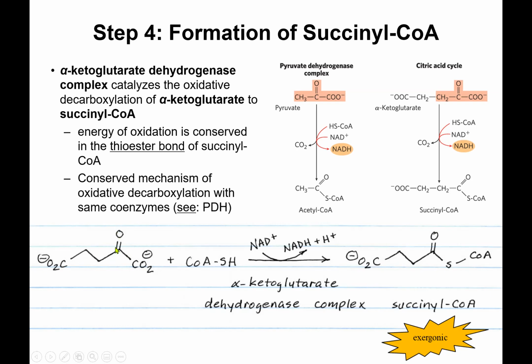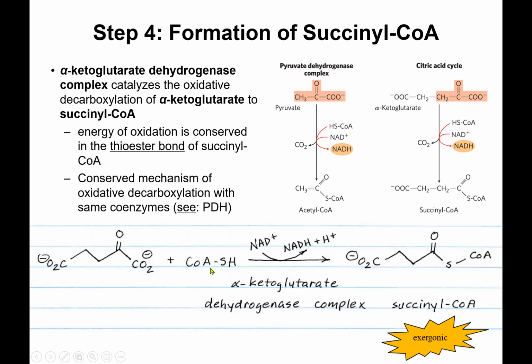Because this really does look like something we have seen before. We're basically taking this end of the molecule here and adding in a coenzyme A, which should be floating around because we released it not too long ago from acetyl CoA, right?